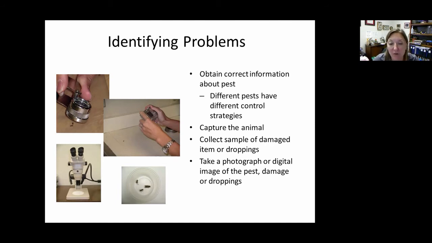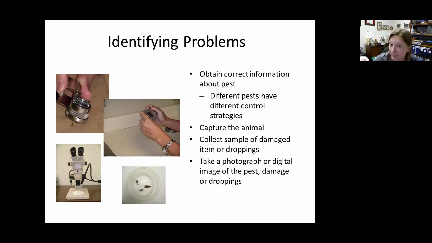And so if you want to identify that and you feel confident to do that yourself, then you can either capture the animal itself, you can collect droppings or whatever it's leaving behind. You can also take pictures and send them to people like myself and others.